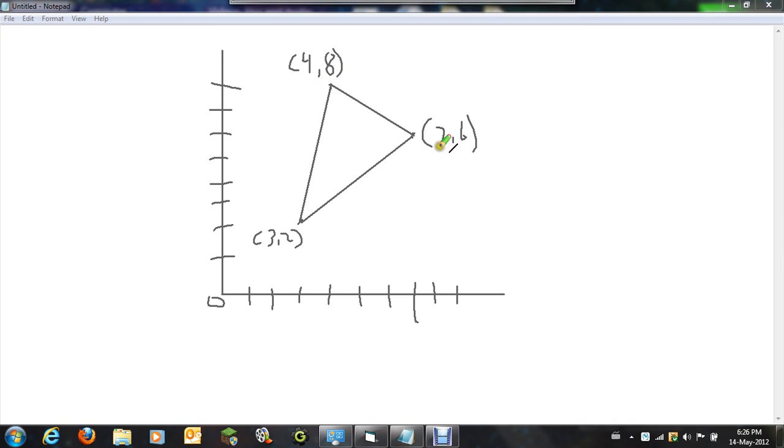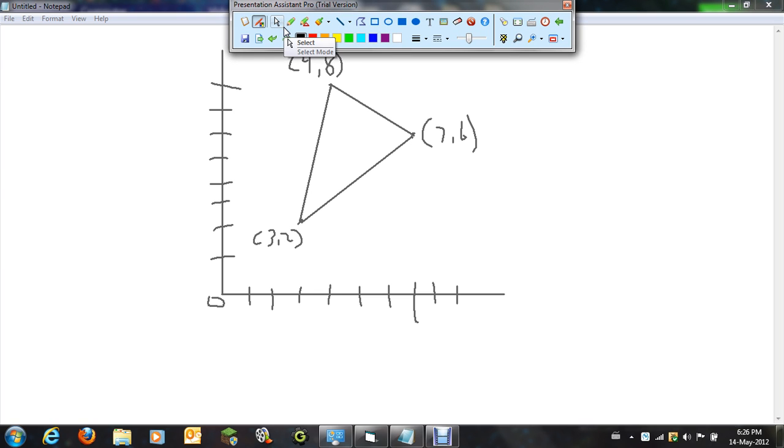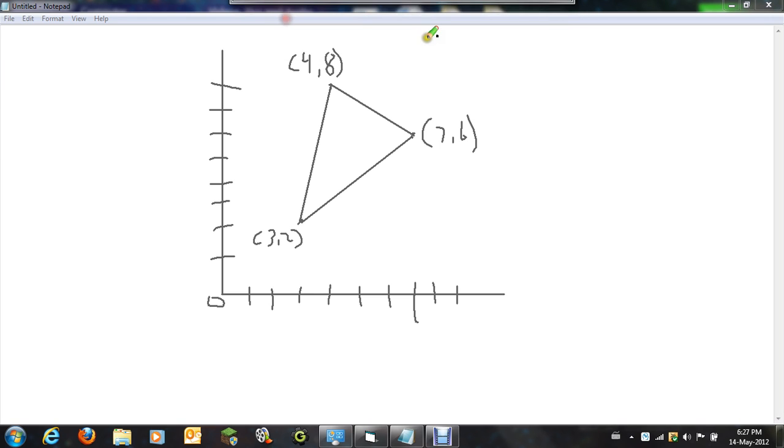Now let's say we want to find the perimeter of this triangle, obviously using Pythagoras. So basically what you have to do is consider each of these sides to be part of their own mini right angle triangle.